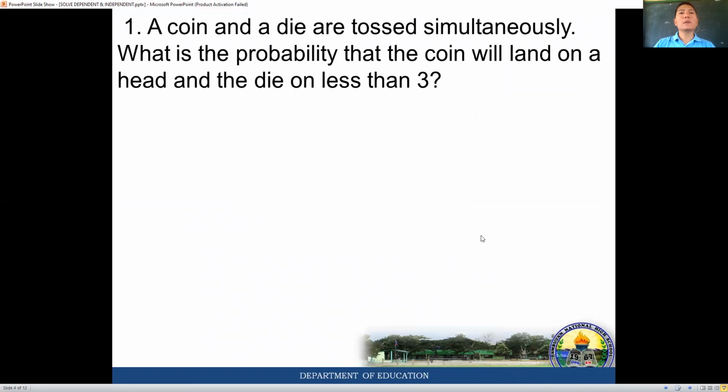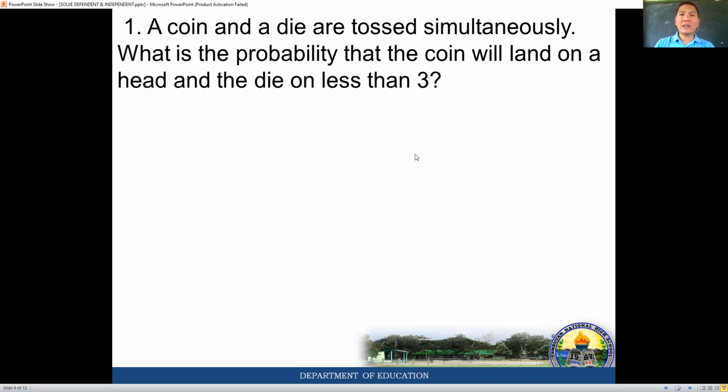For example, a coin and a die are tossed simultaneously. What is the probability that the coin will land on the head and the die on less than 3? So the first event is the coin that will land on the head, and the second event is a die. Clearly, these two events illustrate independence.